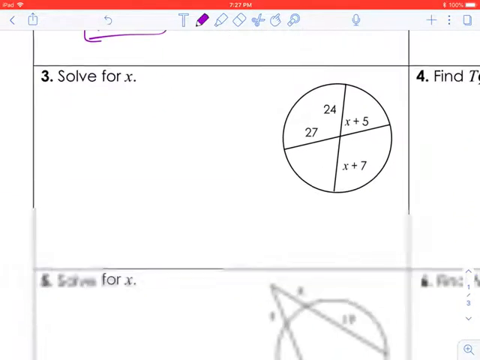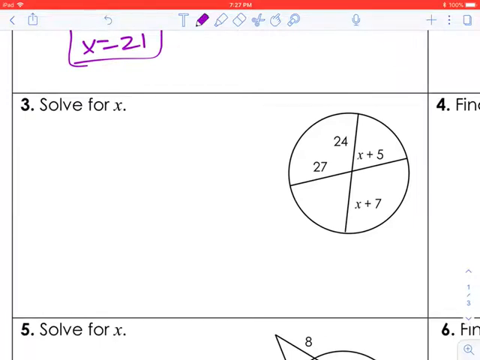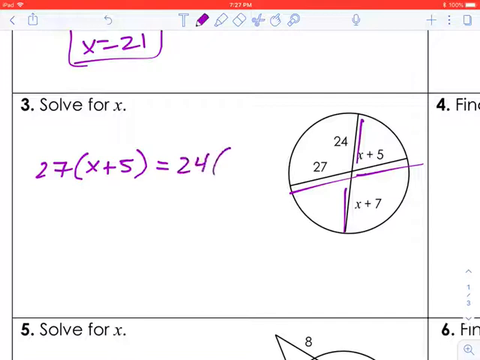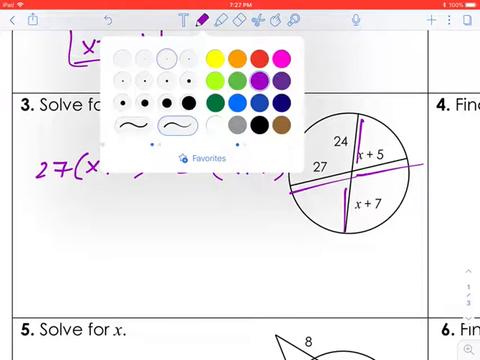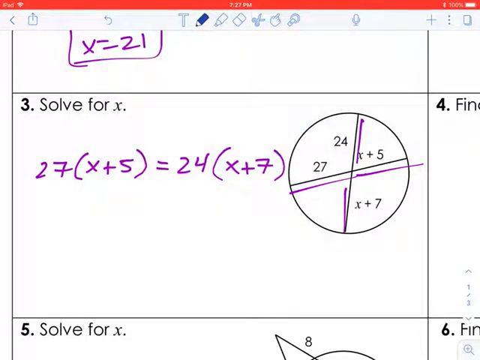So number 3, we got kind of the same situation. We've got part times the part. So 27 times x plus 5 equals the part times the part again. So 24 times x plus 7. And so we're going to have to get x by itself again. So in this case, I'm going to distribute the 27. 27 times 5 is 135.